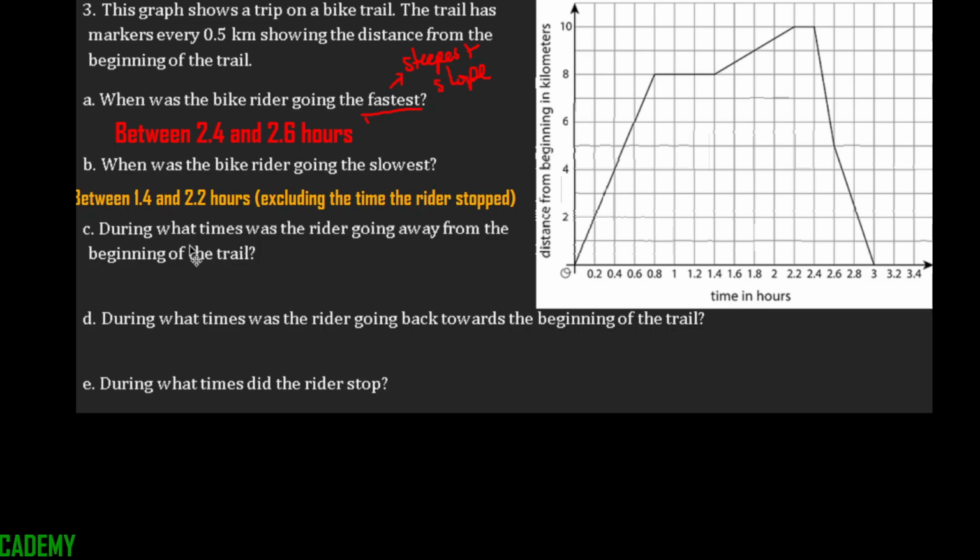And it says for part C, during what times was the rider going away from the beginning of the trail? Well, since our y-axis is the distance from the beginning, we're going to say going away from just means distance was increasing.